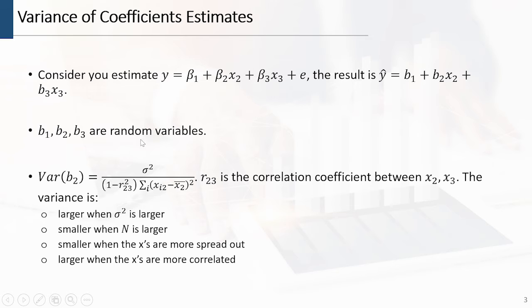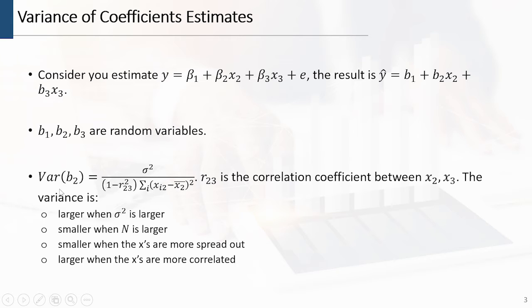So they are also random variables. They have their means. And of course, when the basic assumptions of OLS are satisfied, they are unbiased estimators. So the mean of b1, b2, b3 should be the same as beta 1, beta 2, and beta 3.